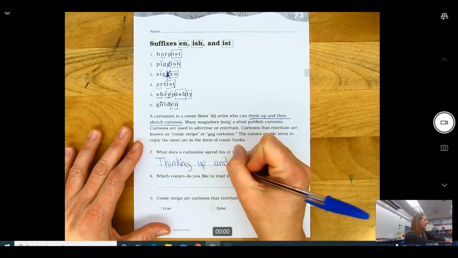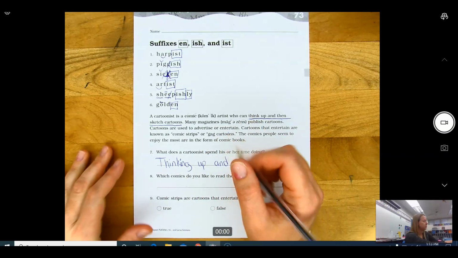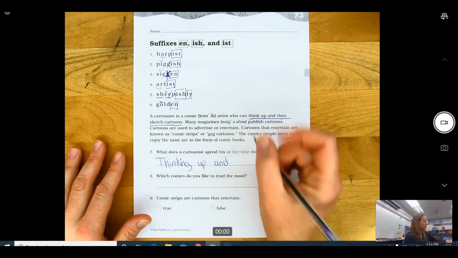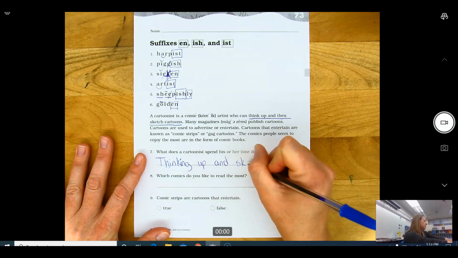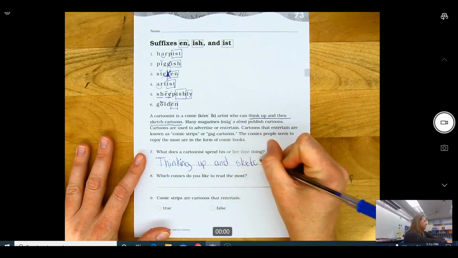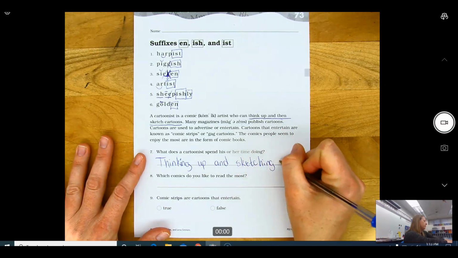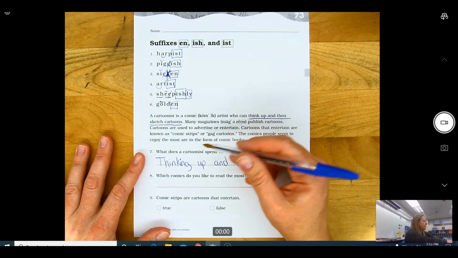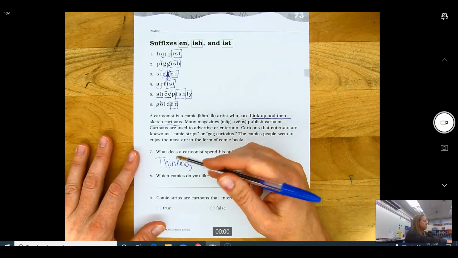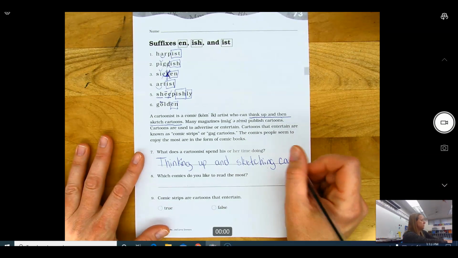So this is not a complete sentence. Thinking up and sketching cartoons. I would need to add a little bit more to the beginning. I would have to add: a cartoonist spends most of their time thinking up and sketching cartoons.